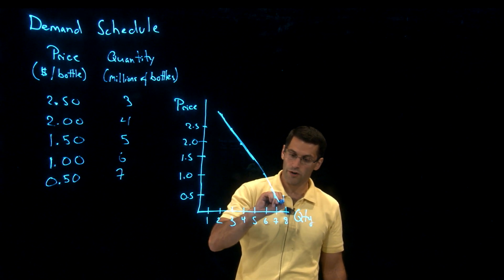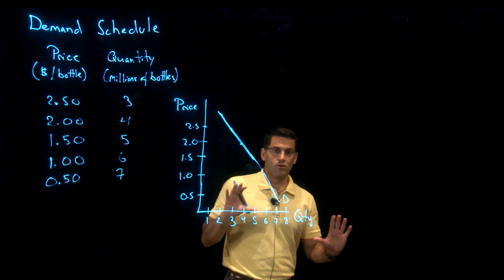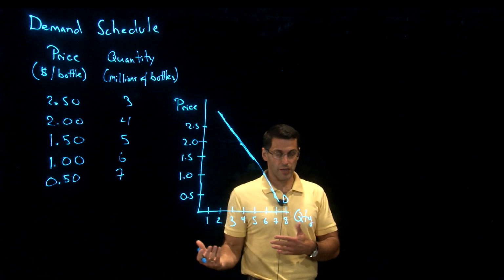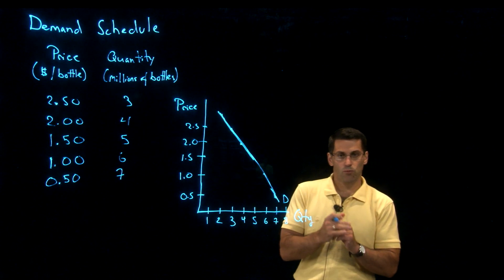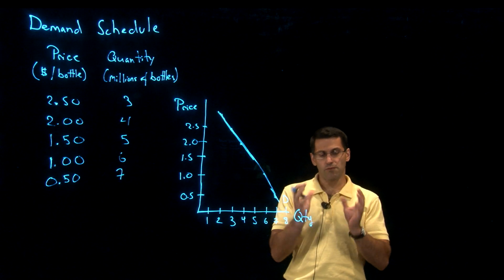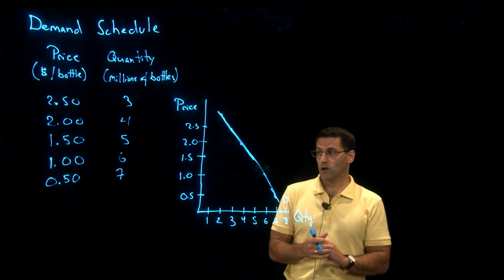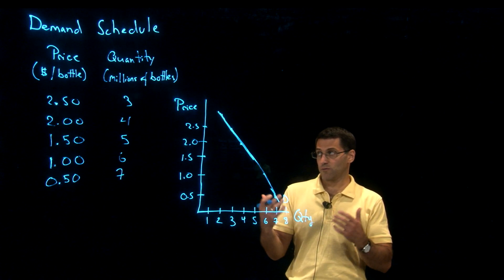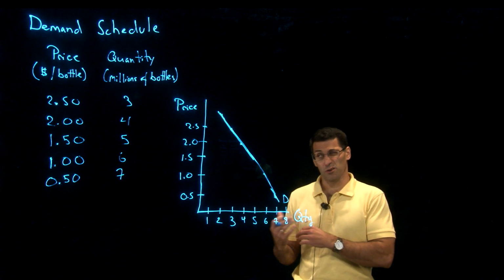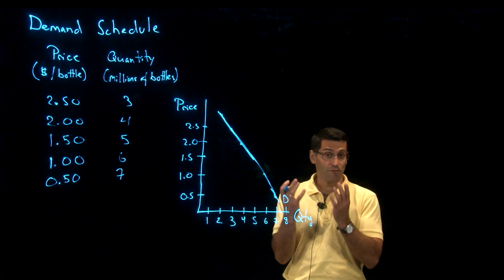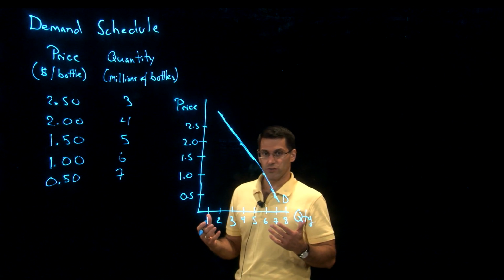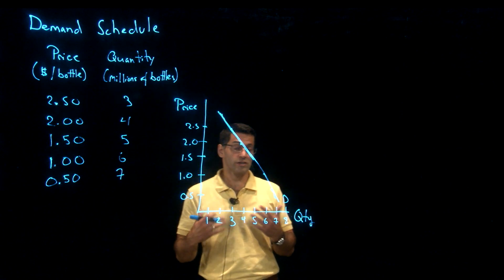Now notice we've given a time dimension here to our demand. We're saying this is per day. It's important to understand that when we're talking about a market, we have to think about how we're defining that market. Perhaps this is the demand for bottled water in the United States. Is that the appropriate geographic dimension to think about, or is that too broad? Those are questions we need to think about when conducting an analysis.